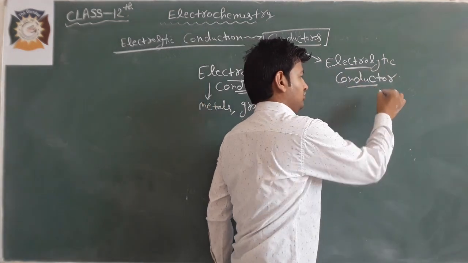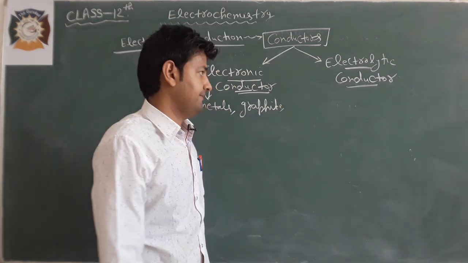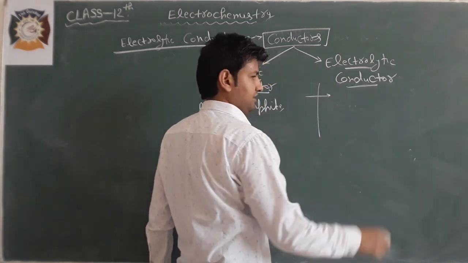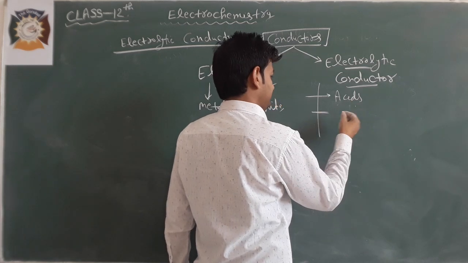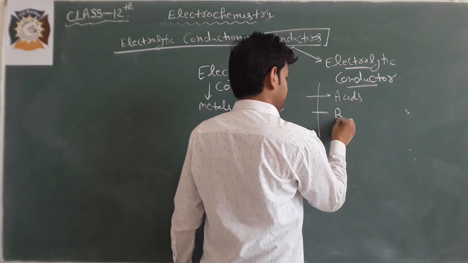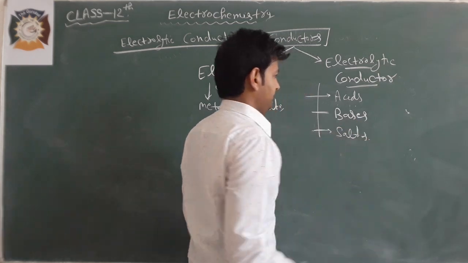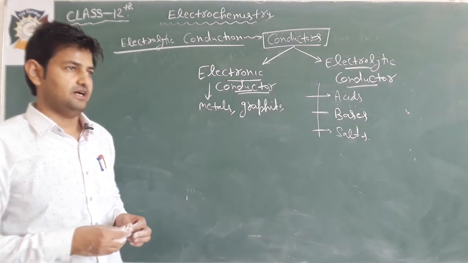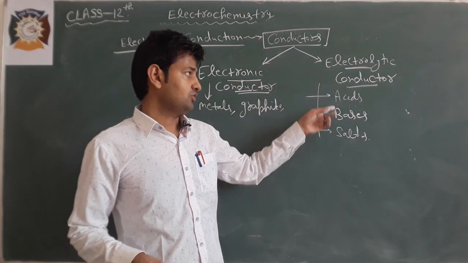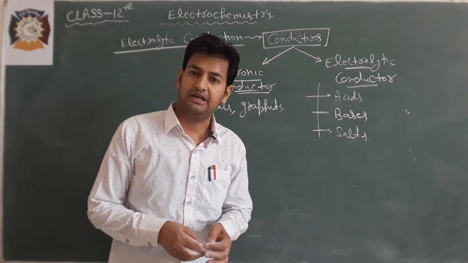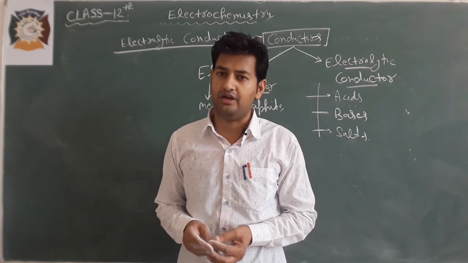Electrolytic conductors are those conductors which undergo decomposition when current is passed through them. Examples of electrolytic conductors are acids, bases and salts, which decompose on passing electric current through the electrolyte. Electrolytic conductors are again of different types: strong electrolyte, weak electrolyte and non-electrolyte.